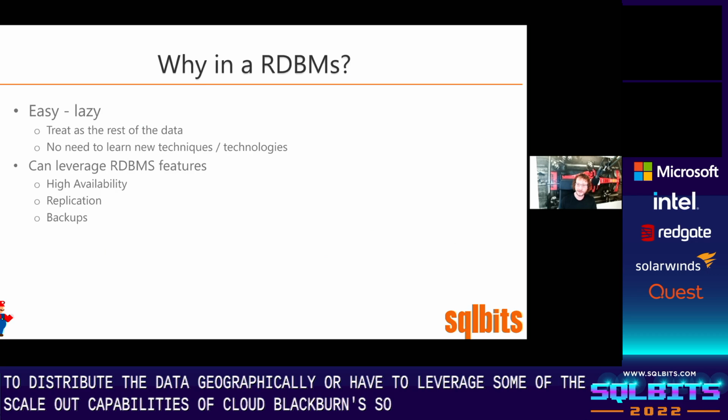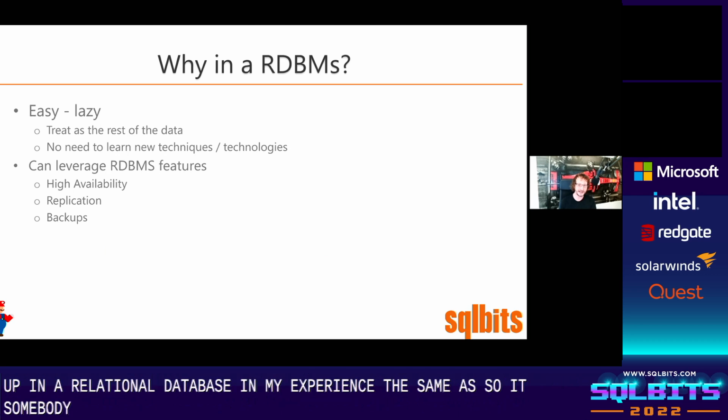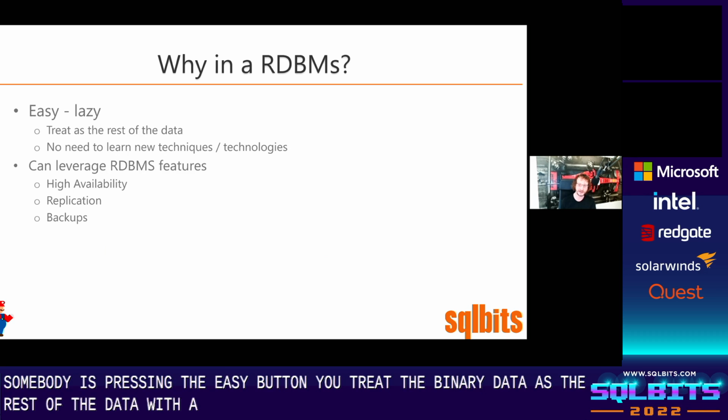So why does this data end up in a relational database? Again, the reasons are, in my experience, the same as for logs. If somebody's pressing the easy button, you treat the binary data as the rest of the data without having to learn any new technique or technology.